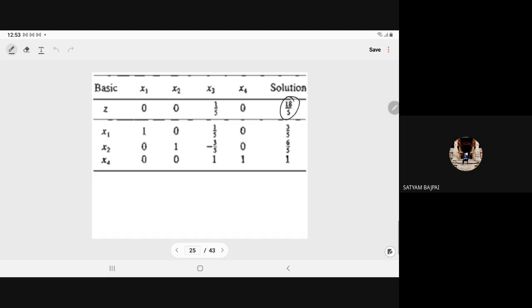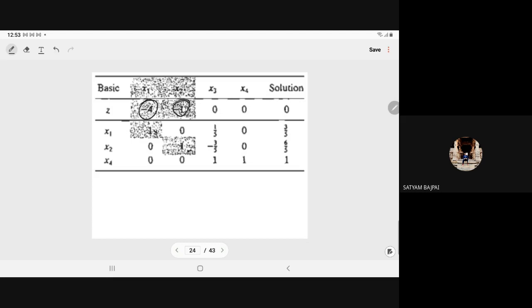Actually it is coming 18 by 5. We have multiplied with the 4, and with the 2. So it is 12 upon 5, 24 upon 5 only.